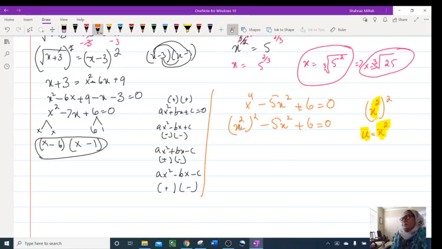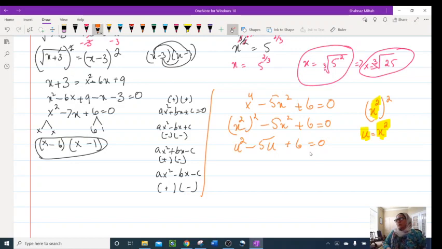Now this x squared, the one I have inside, is equal to u. And that square is going to stay on top of u. Minus 5, x squared is equal to u. Now I'm replacing every x squared with u. Plus 6 equals 0. See, this is making it quadratic. Now I changed my x to the power 4 equation into a quadratic equation, which is u squared minus 5u plus 6.